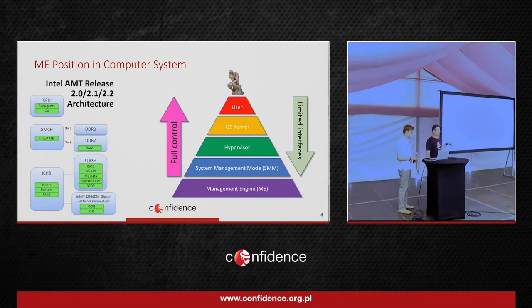And under the hypervisor, there is system management mode. It's a special mode for the central processor that could operate on some very important tasks on the computer, and even from the hypervisor you should not be able to control that mode, but from a lower mode, you're able to control everything above.